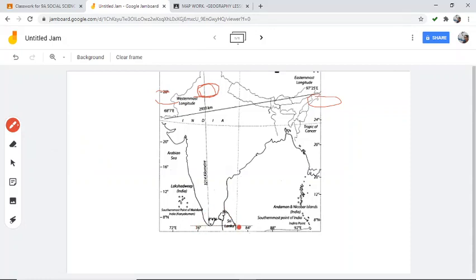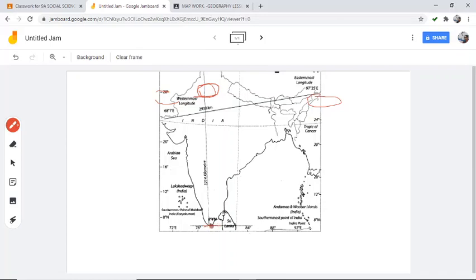It's a tricky one, because here you should read the question properly. If the question is southernmost latitude of India, or southernmost point of mainland India, or southernmost point of India, then you can mark this part.